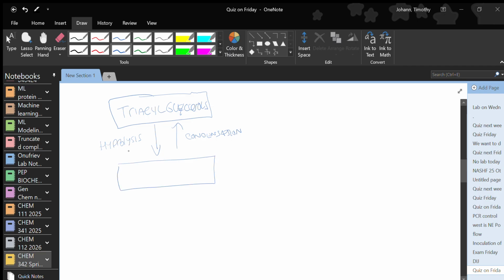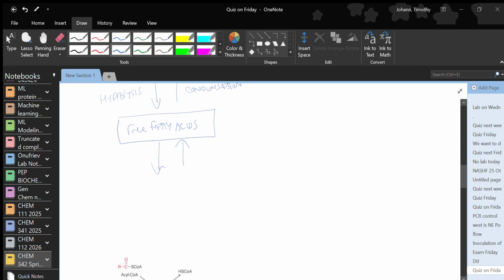So these are our monomers, right? We talk about polymers. When we do lipids, they're not exactly polymers, right? Maybe they even qualify as oligomers. So free fatty acids. We can take those free fatty acids and break them down, and that process is called beta oxidation.